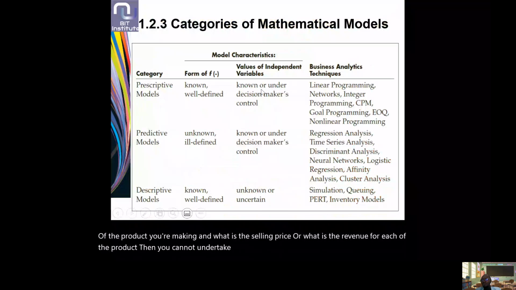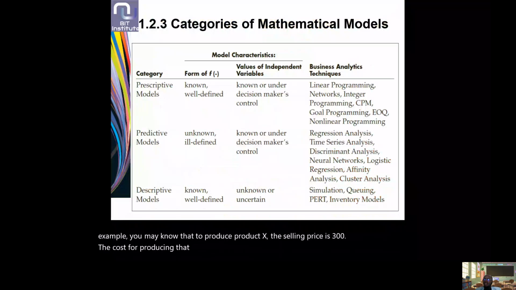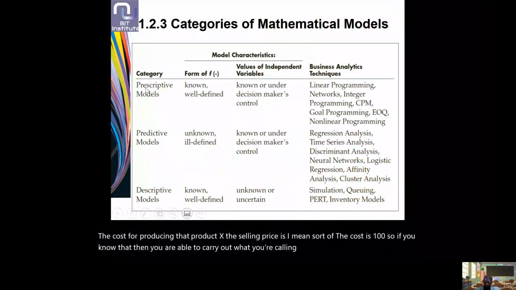But if you have those values, for example, you may know that to produce product X the selling price is 300, while the cost of producing product X is 100. If you know that, then you can undertake prescriptive modeling.